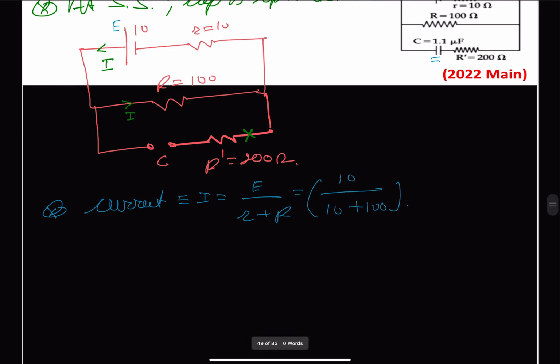And if we see that the potential drop across this 100 ohm resistance is in parallel with the capacitor open circuit as well as R prime. So we need to find out our potential drop across our 100 ohm resistance, and this will be equal to our 1/11 amperes.